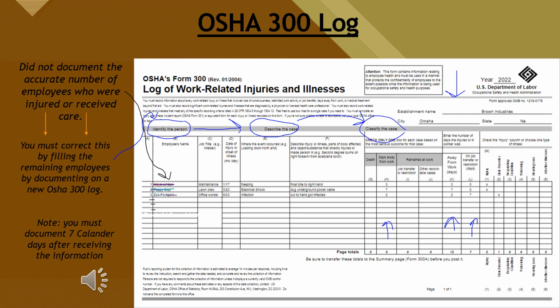And as you can see here, with my airline, they did not do the necessary tasks or the necessary documentation when it came to documenting the employees in a timely manner or taking care of the information that is needed to be provided when this incident occurs. Because as you can see here, I said before I have 6 recordables, but here they have only documented 3.